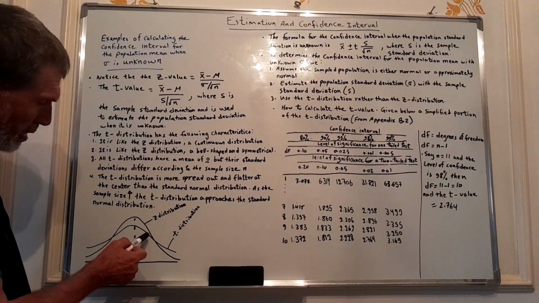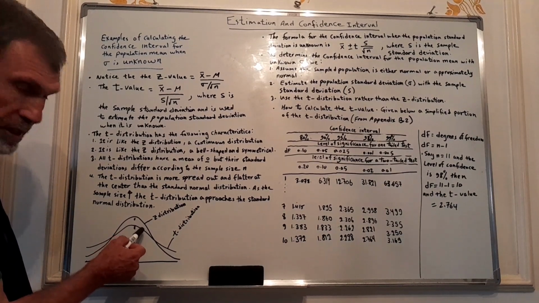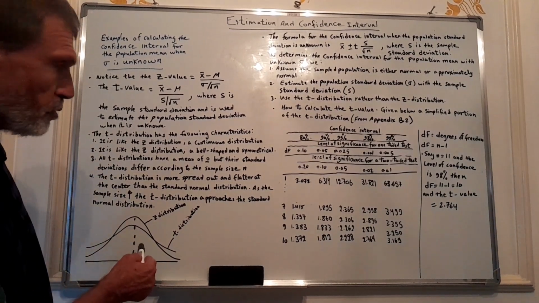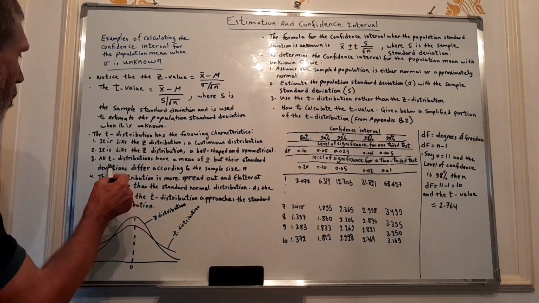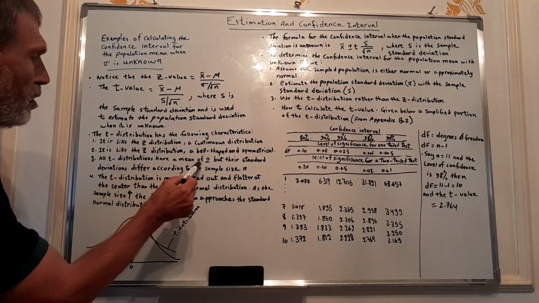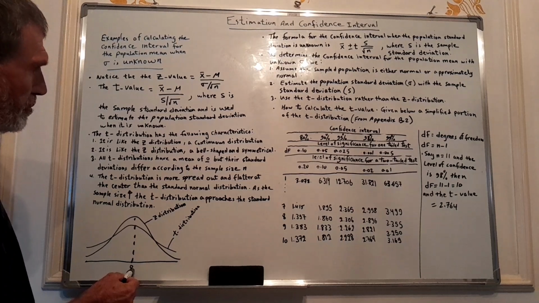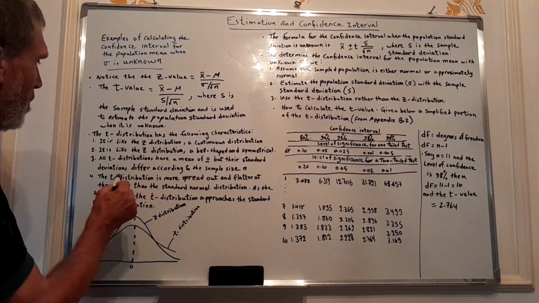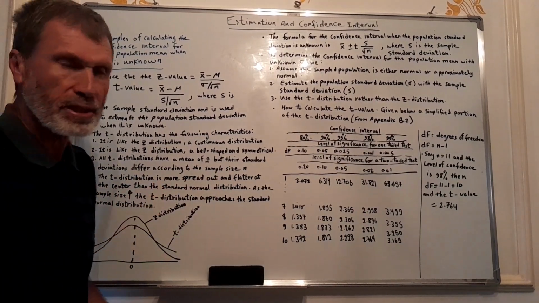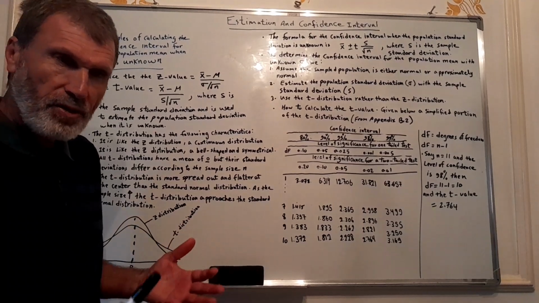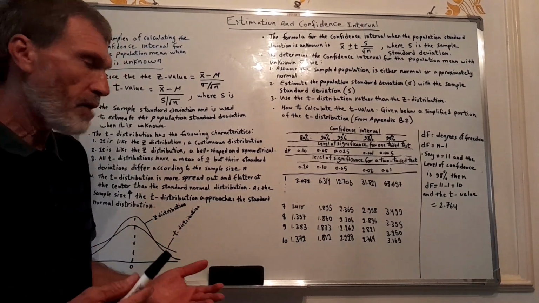As you can see, the z distribution is thinner than the t distribution. All t distributions have a mean of 0, but their standard deviations differ according to the sample size n.